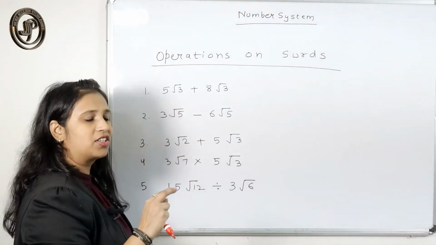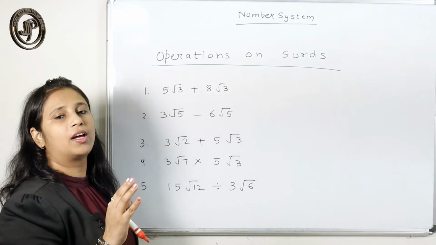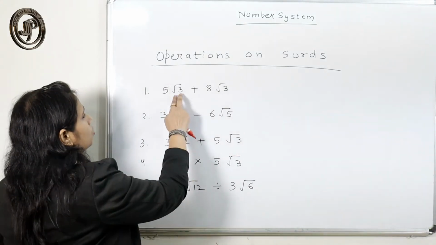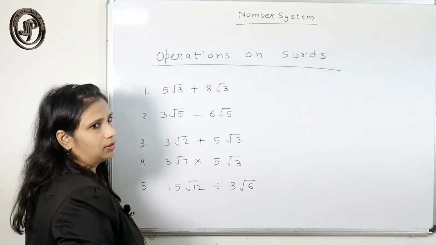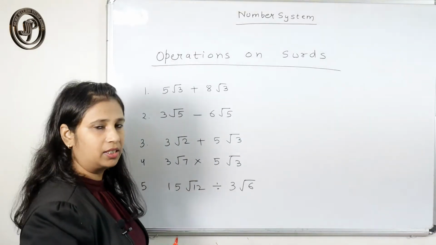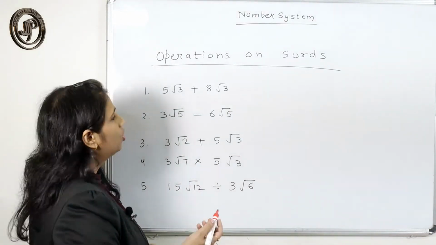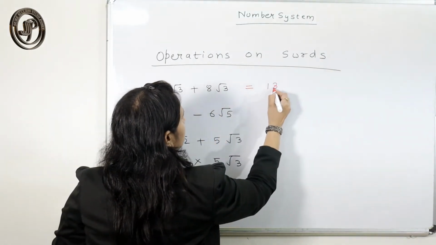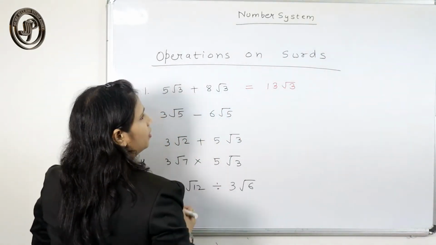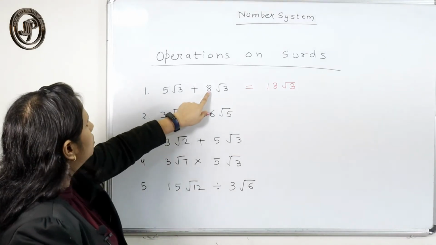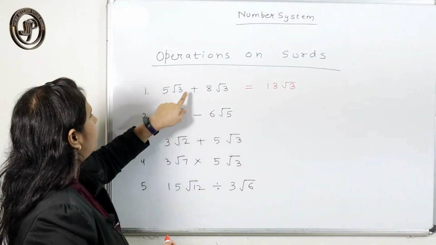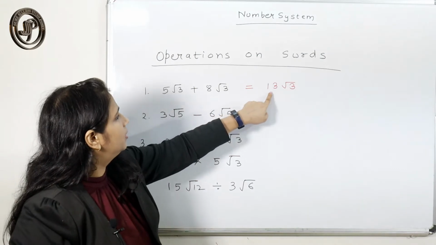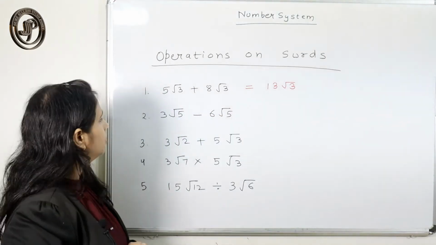To add irrational numbers, you first have to check whether they are like surds or not. So these are like surds, root 3 like surd, so you can add them. So if you add them, what would be your answer? 13 root 3, right? Because you are going to add only 5 and 8, that is 13 root 3.